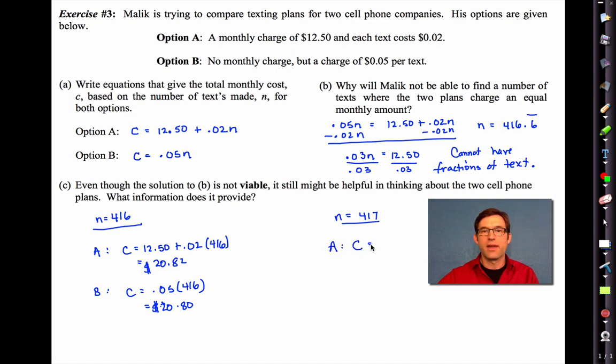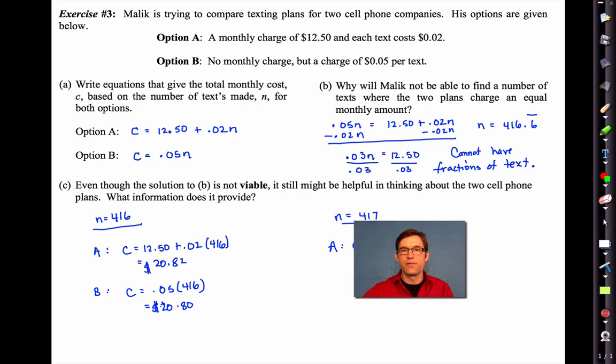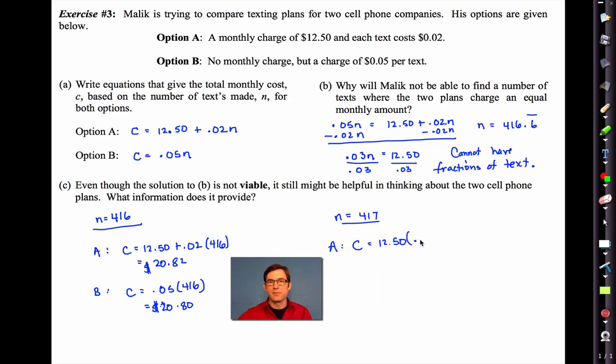The cost for plan A is $12.50 times 0.02. Oh, that's weird. Let's try $12.50 plus 0.02 times 417. I don't know why I didn't just add 2 cents to the last one, but we get 20.84.